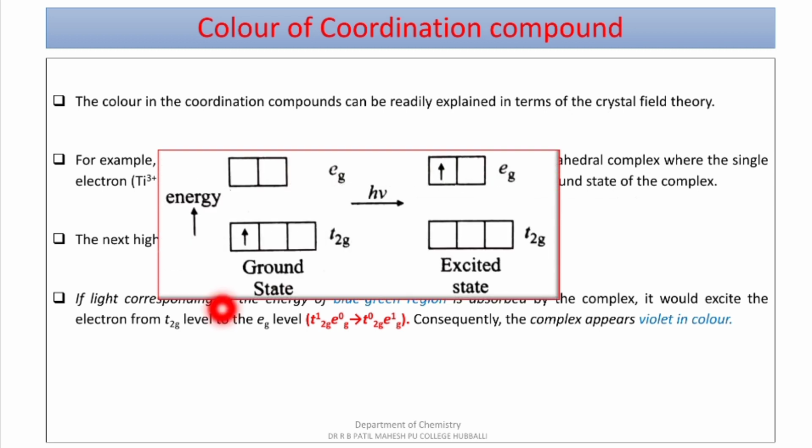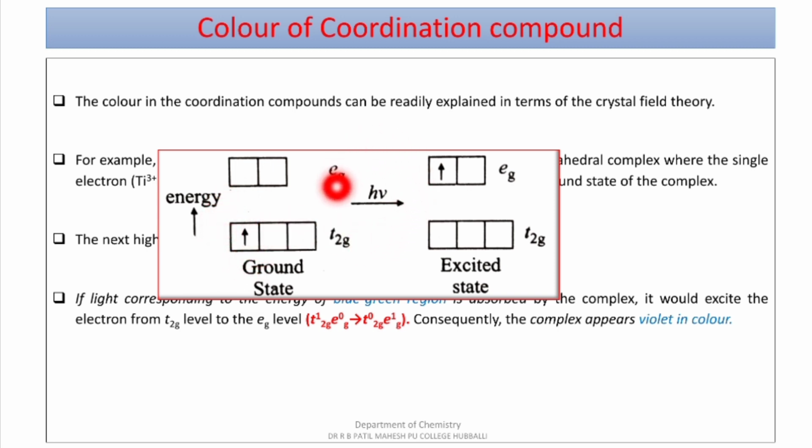You can see here the ground state, which has the t2g level for the octahedral complex: dxy, dyz, dzx. And this is the eg level, which contains two axially oriented orbitals, dx2-y2 and dz2. The electron in the ground state is present in the t2g orbital.